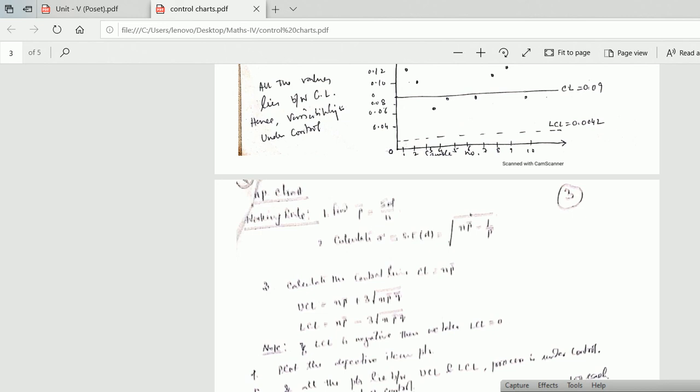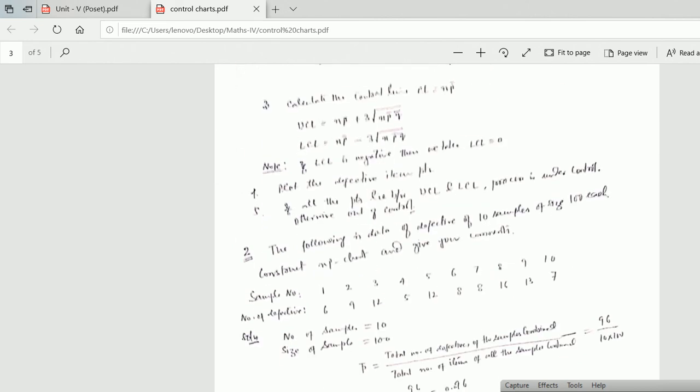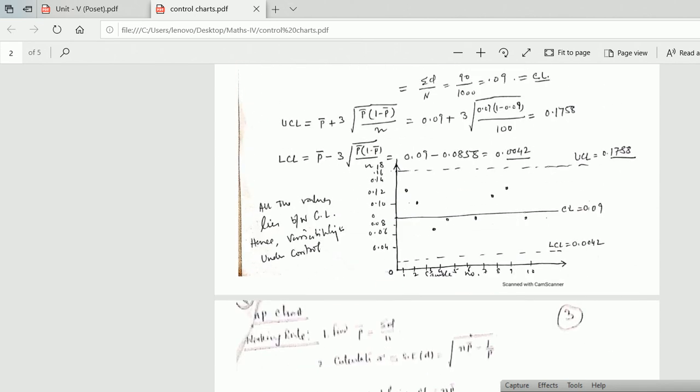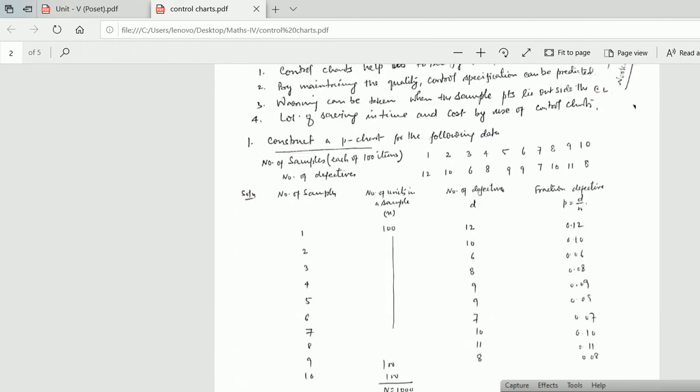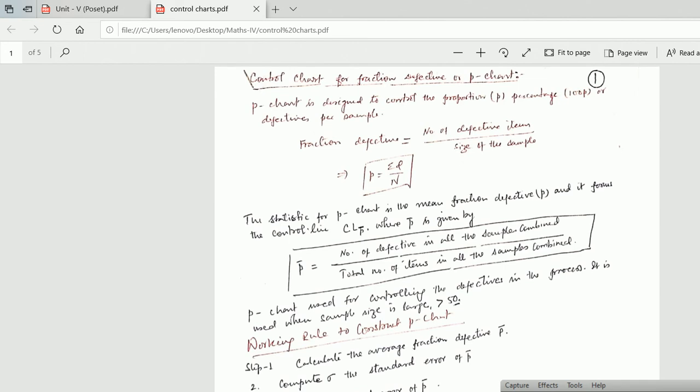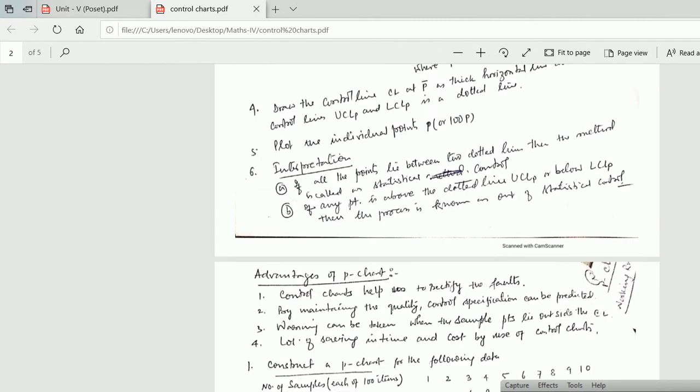After getting the control line, upper control limit and lower control limit, the points are already given, you have to plot them and see whether the points are within the control limits or not. If they are between UCL and LCL, you will say the process is under control or statistical control. The same thing is done in the P chart. So this is the basic thing which you have to remember.